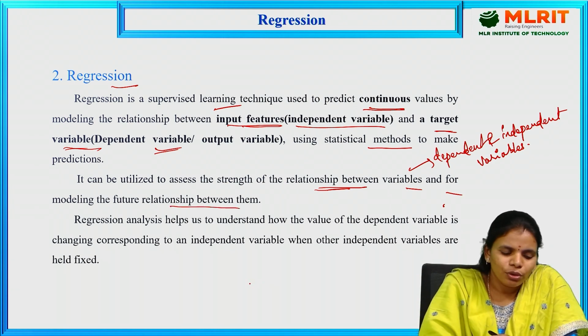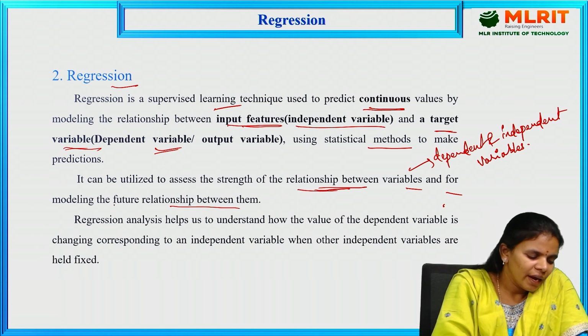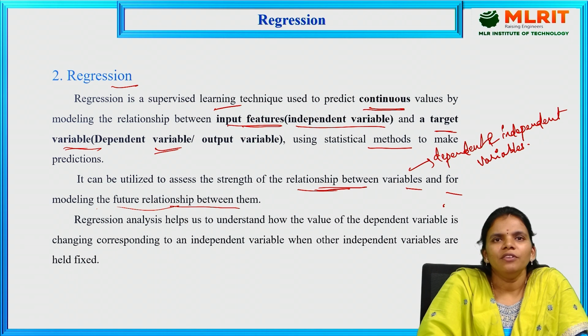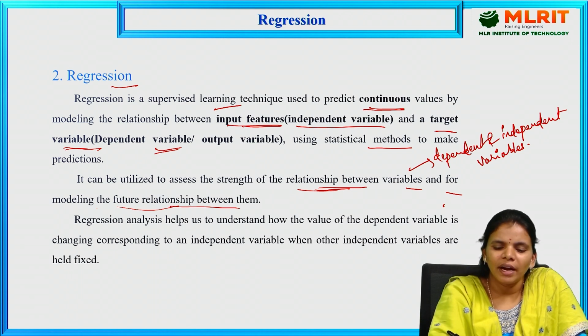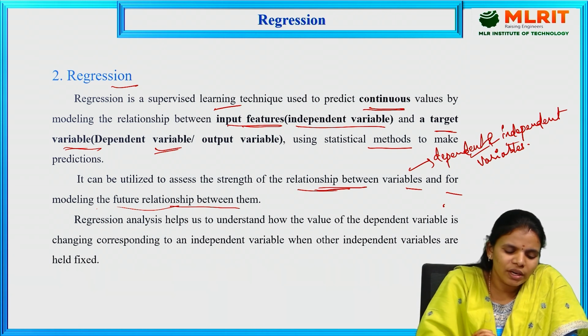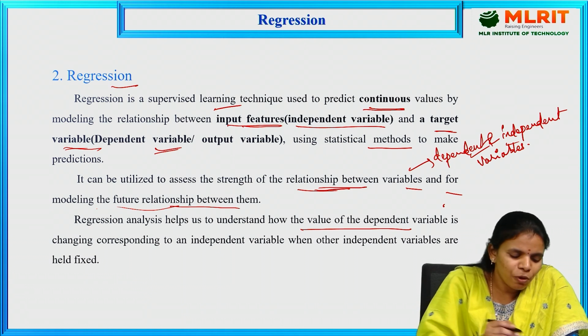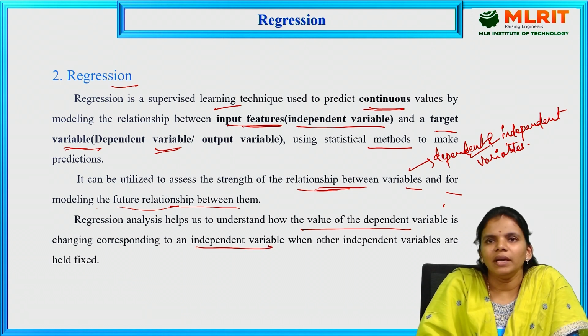So it is not only assessing the present relationship, it is also used for the future relationship between the dependent and independent variables. Regression analysis helps us to understand how the value of the dependent variable is changing corresponding to the independent variable in the data set.